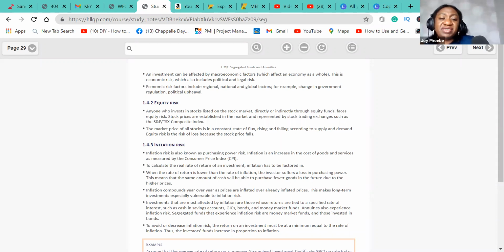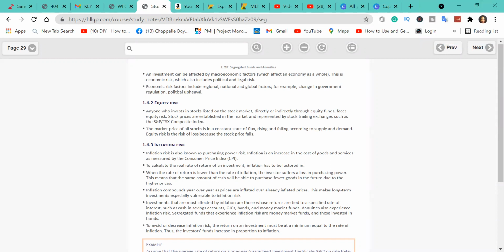Anyone who invests in stocks, or in the stock markets directly or indirectly through equity funds or whatever, exposes themselves to the risk that comes with investing in stocks, right?